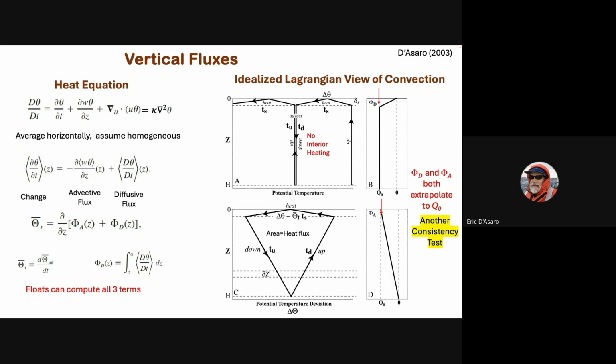Then it goes down, and in the interior of the ocean, there's no heating or cooling. So the parcel can't change temperature on average. The simplest thing is it doesn't change temperature at all, and it goes down, and it comes up again, and gets back to the surface, and it cools off again.